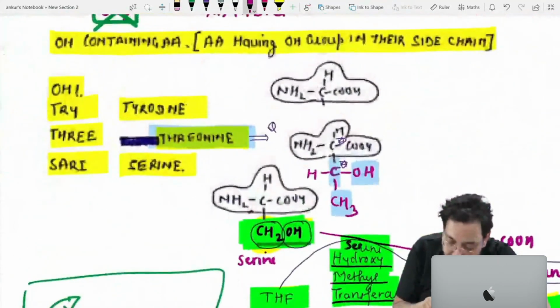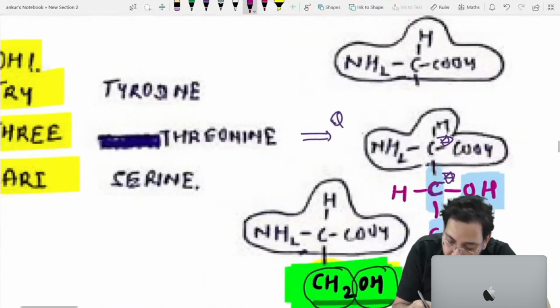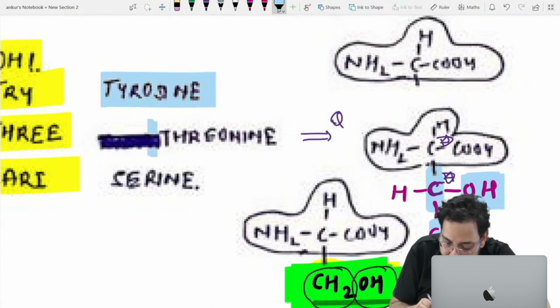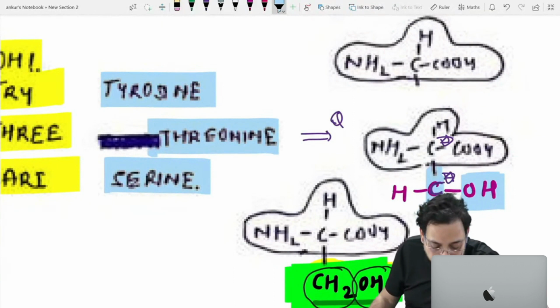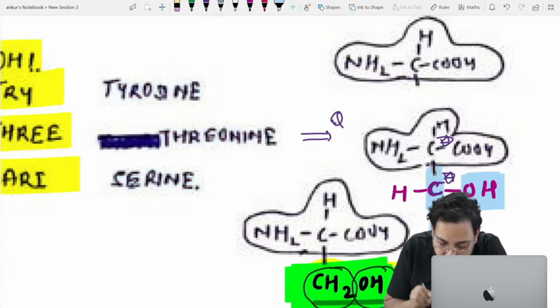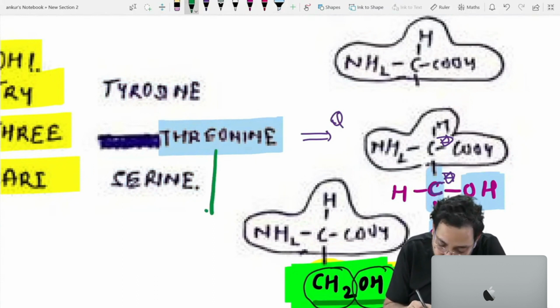In the same way, out of these three, if I ask which one is essential, I don't ask you to remember the structure. Just remember the name and count the number of letters and tell me which one is essential. Threonine has the maximum number of letters, so threonine is essential.